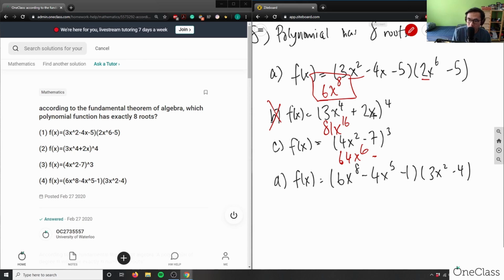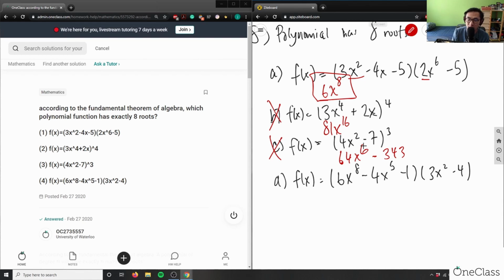Actually, sorry, I don't know why I wrote 6 here. Oh no, this is 2 times 3. Sorry, 2 times 3 here is 6. So again, it's an incorrect answer because it's the power of 6, so the degree here is 6, so it's not 8. So this here is also incorrect.